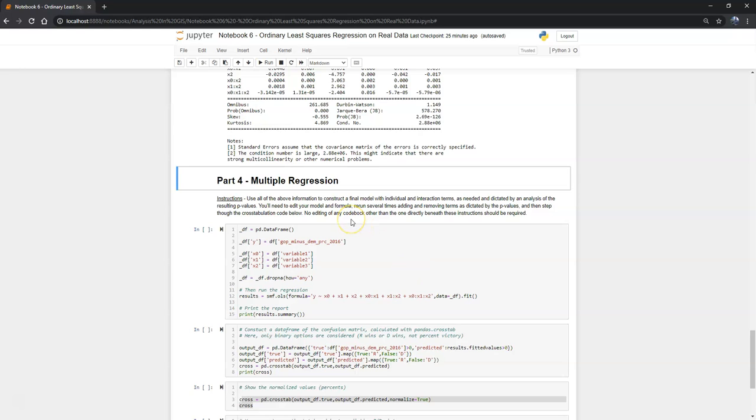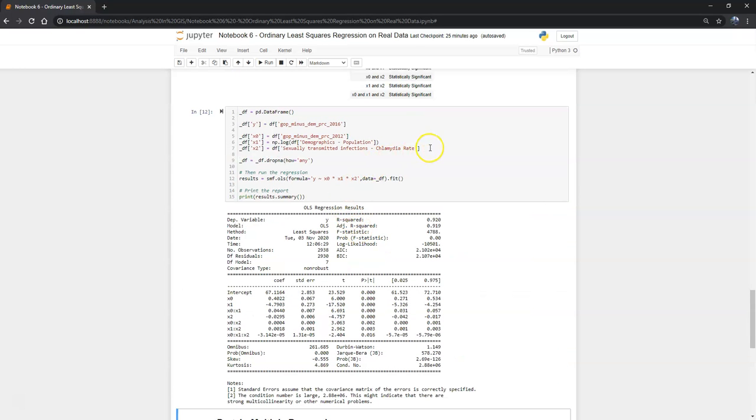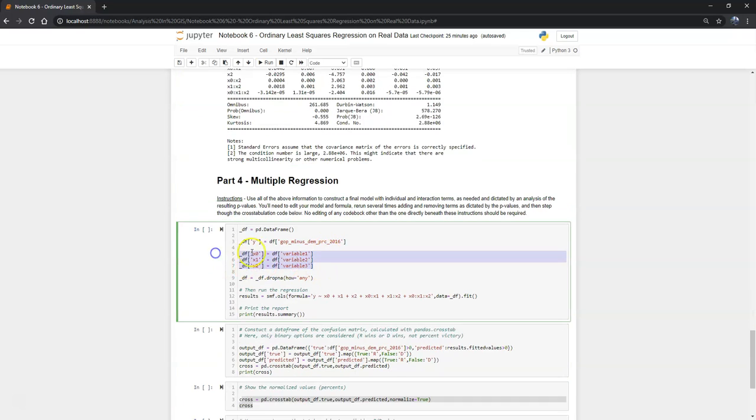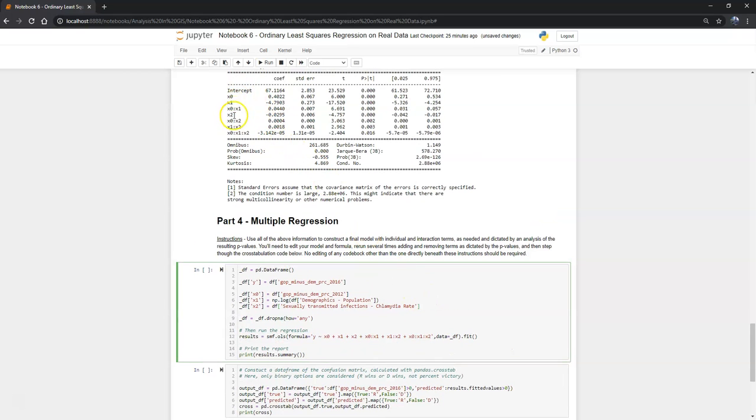Now in part 4, you're going to have these same variables that you've got here, so you can copy and paste those. And what you're going to do is express this model using only variables here that are statistically significant. In this case, I've written them as if we hadn't done the log transform here. So I had removed the x0 by x2 interaction term.